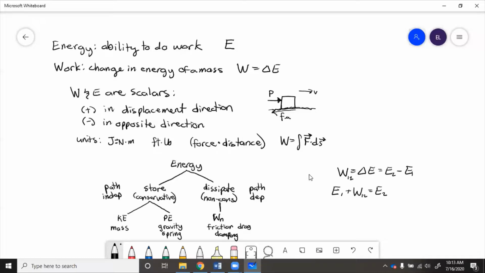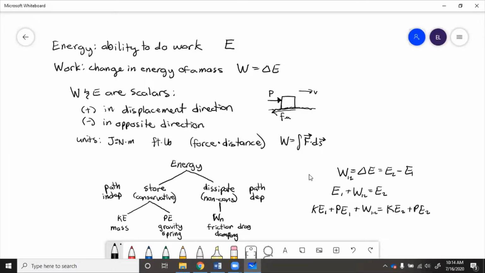So we can write this out as kinetic energy at state 1 plus potential energy at state 1 plus the work from 1 to 2 equals kinetic energy 2 plus potential energy at 2. Conservative work is positive, non-conservative work is negative.